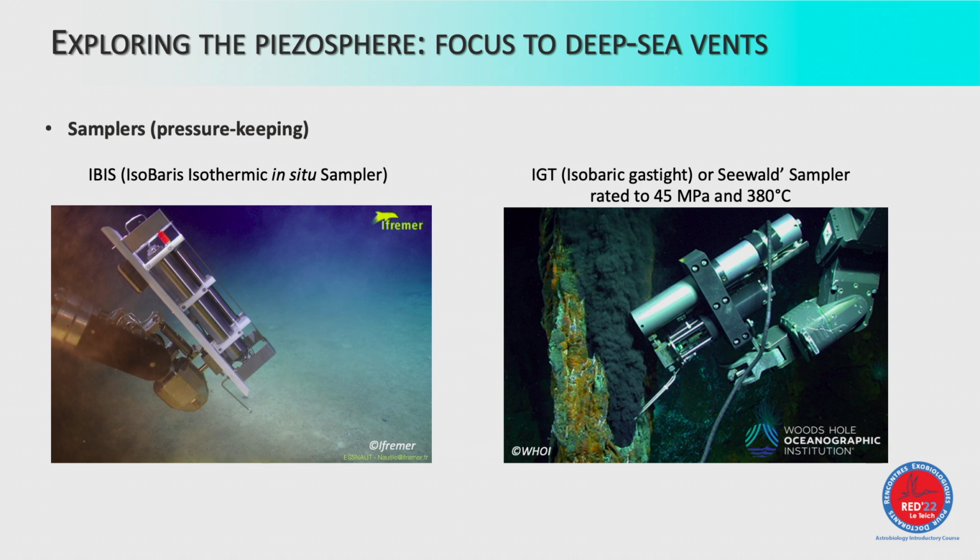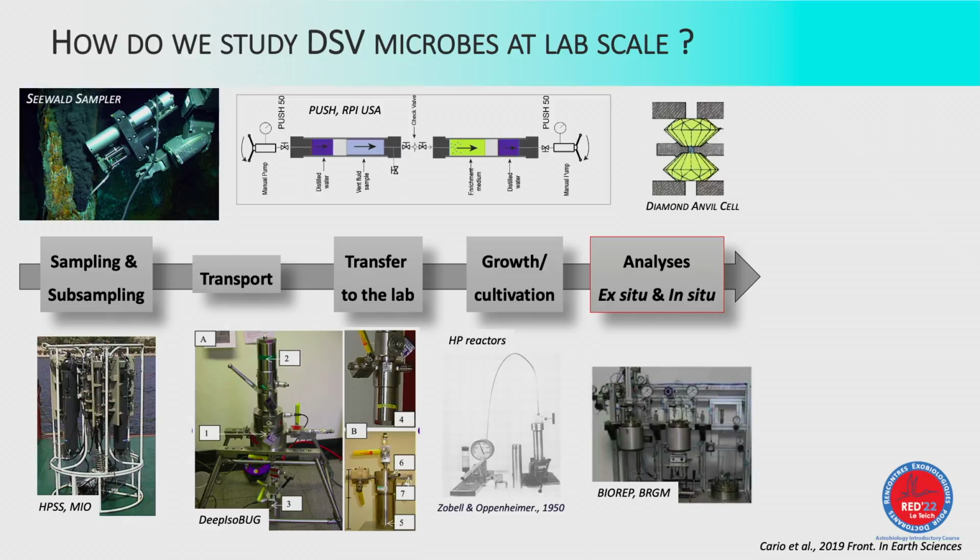So how does it work when you study a deep sea sample? First, you sample under high pressure conditions. Then you need to transport this sample still under high pressure conditions. Then you transfer it to the lab, where we can do equi-pressure transfer. We then have different growth and cultivation techniques to reproduce the high pressure conditions in the lab.